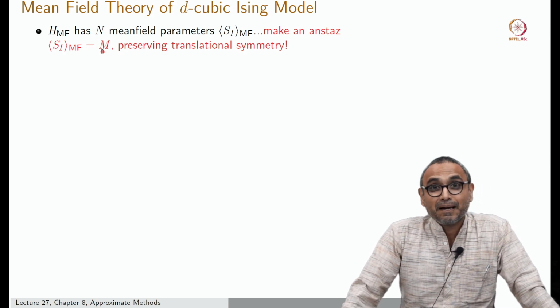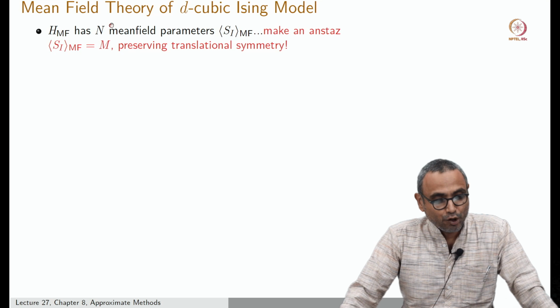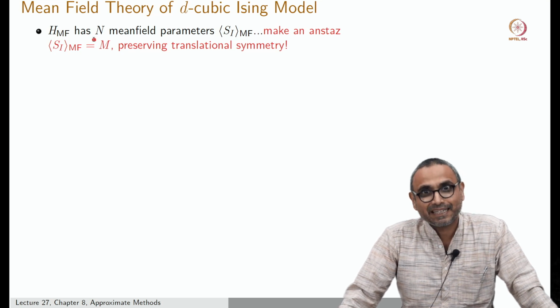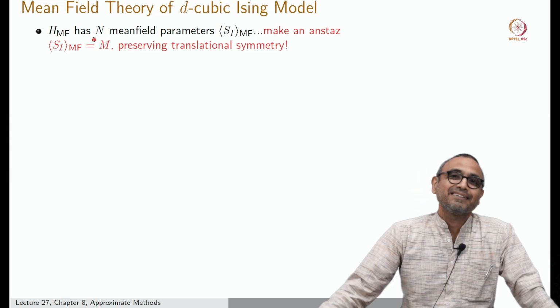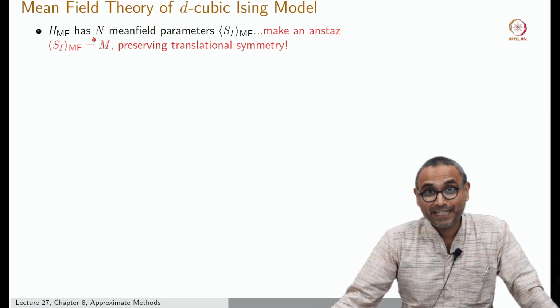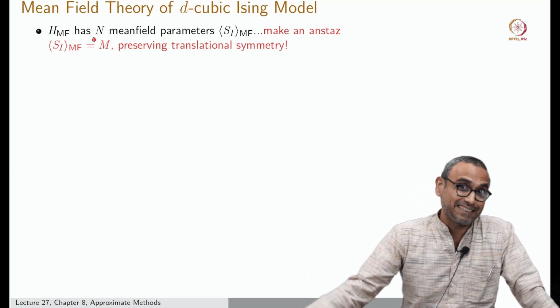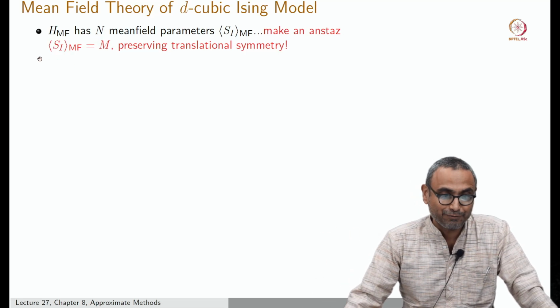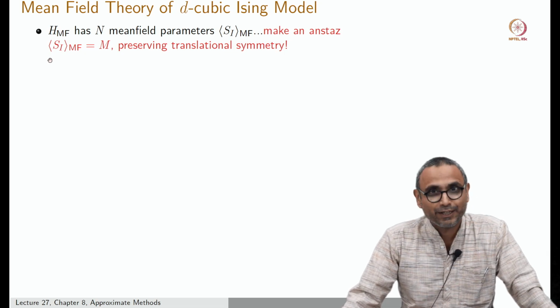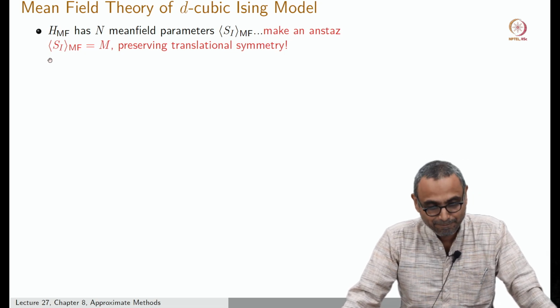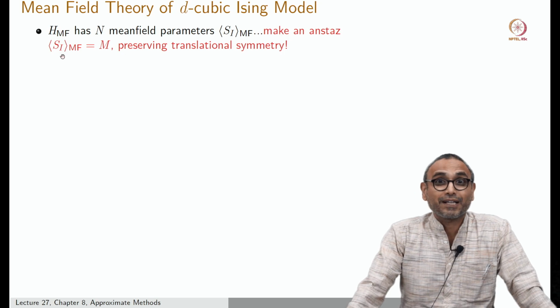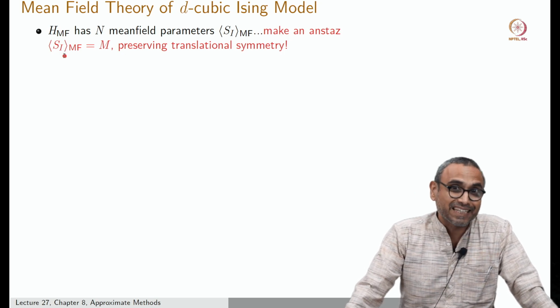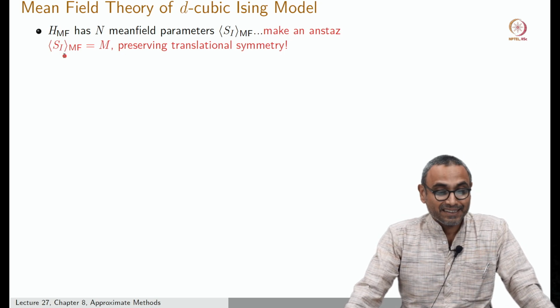If this turns out to be non-zero after I find its value self-consistently, then it is breaking the Z2 symmetry of the Ising model, because if this object picks up an expectation value, we know very well that you are breaking symmetry. But we certainly do not allow for breaking of translational symmetry within this framework.